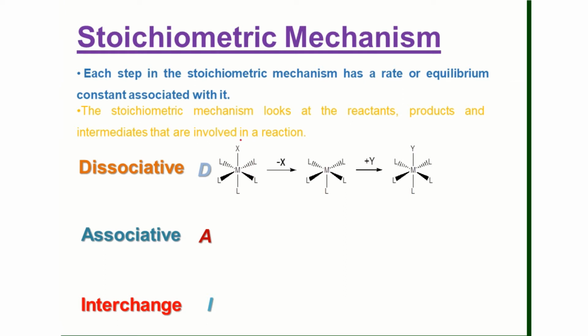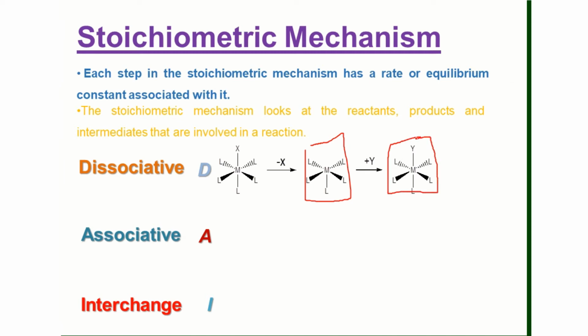It was like this before, and then a slow removal of X. From there we have the 5 coordinate intermediate, because it's 1, 2, 3, 4, 5 attached to M here. So it's a 5 coordinate intermediate. From there we can see a fast addition of Y, and as a result we have reached the product. This is the product here, right?